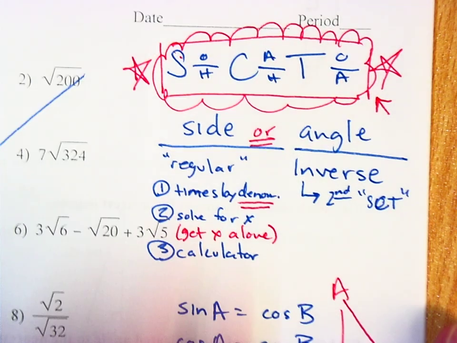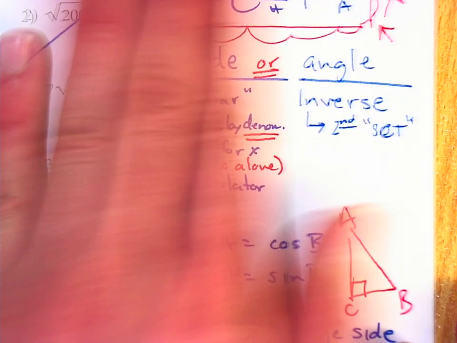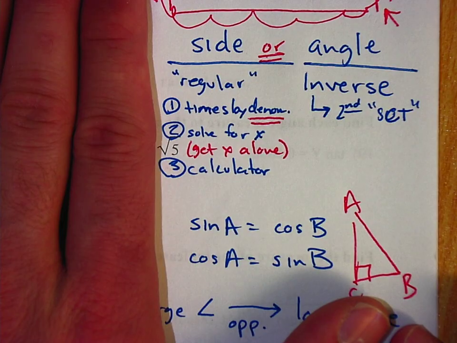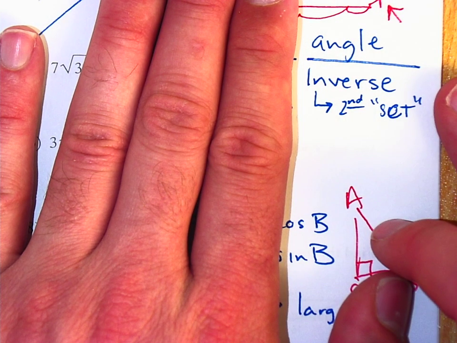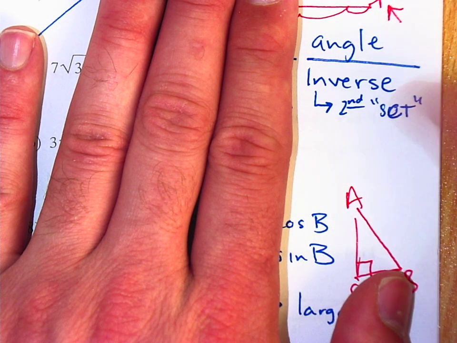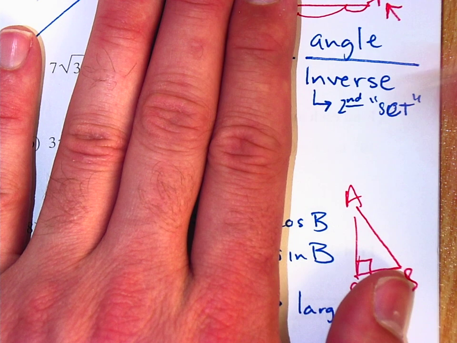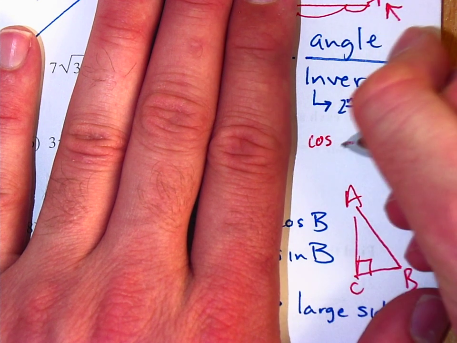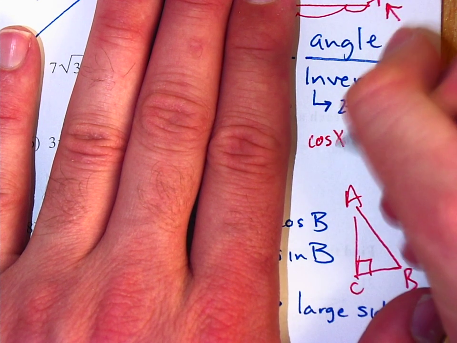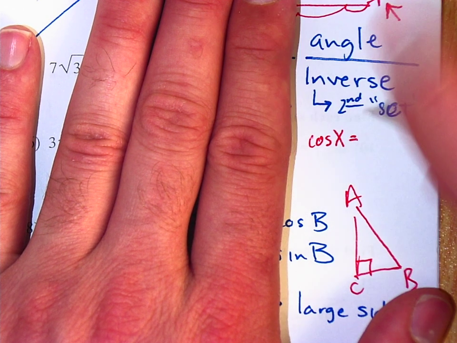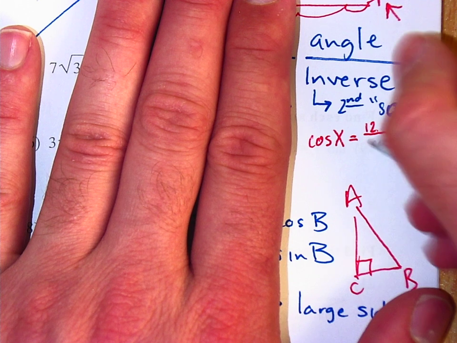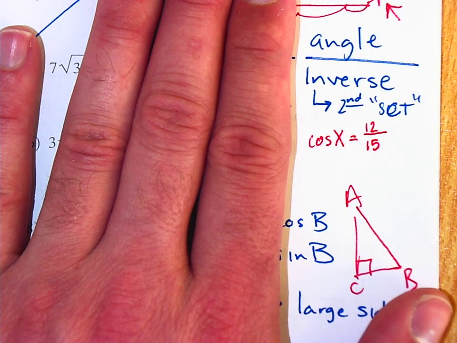The second thing we talked about in class is that they're always going to ask us to solve for a side or an angle. If they ask us to solve for an angle, we know that we're going to use the inverse. And these are always going to look something like this: cosine of some angle, maybe we'll call it angle x, equals some number over the other, so maybe like 12 over 15.